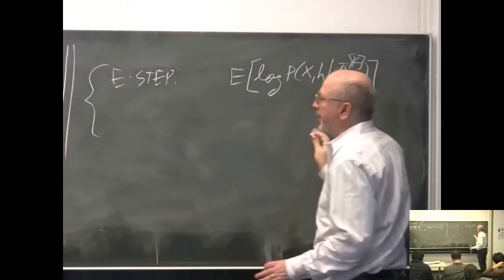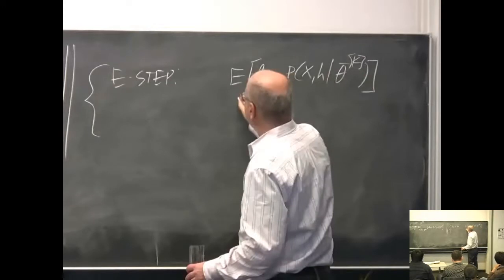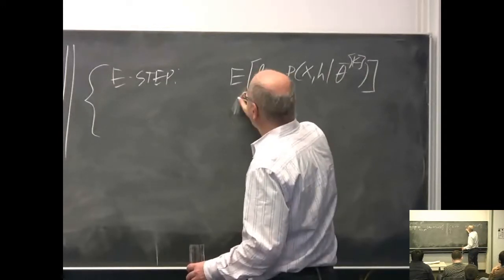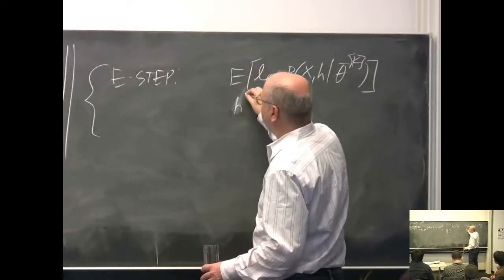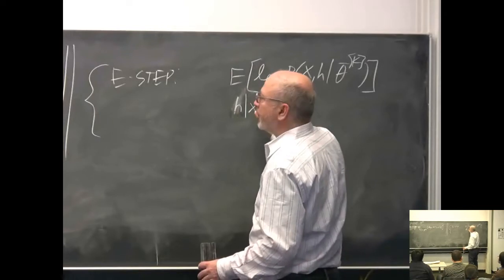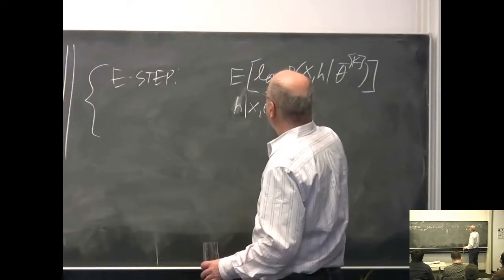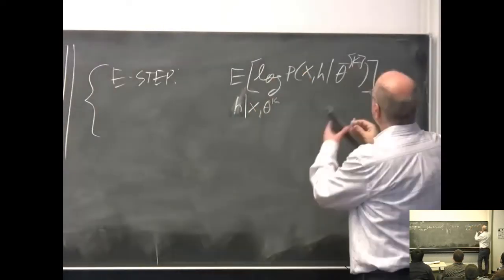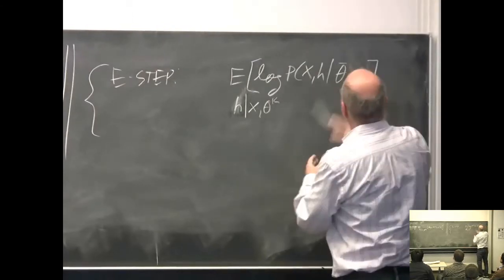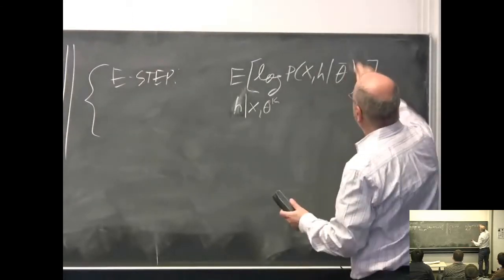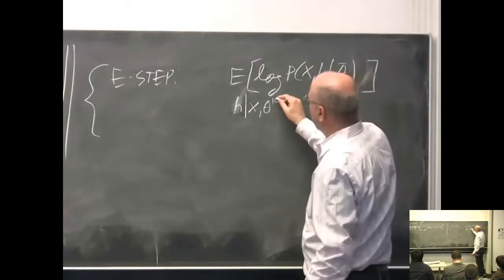You don't maximize over it, but it's still expectation over h conditioned on x and theta k. I'm sorry, this is not theta k. You should correct me. This is the random variable, the dummy variable, but it's not going to be dummy now.